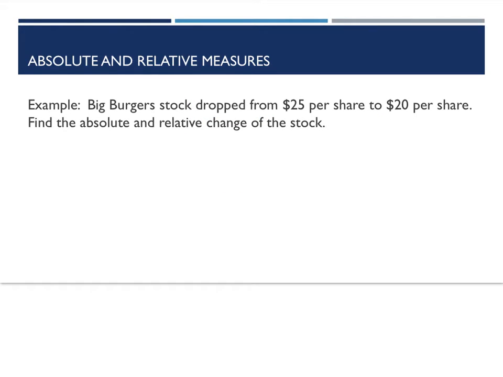What if my stock goes the other way? Well, if my stock price drops, that tells me I want my absolute change to be negative to show that the price fell. Again, I know it fell by $5 because the numbers in this problem are so easy. But, so I don't have to think when I find the relative change, write a subtraction so that I end up with a negative 5 answer.